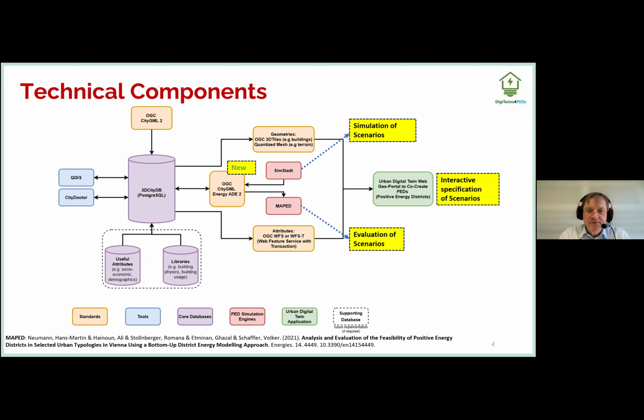We have two simulation components. SimStart is where we do predictions, and MAPED is a tool where we assess, with these simulations, whether we get to a positive energy district. So MAPED is a tool to do energy balance and see if the district is positive or not. These tools are partially from partners.